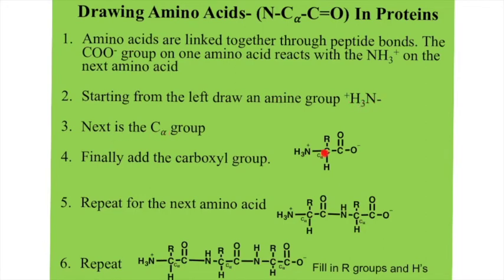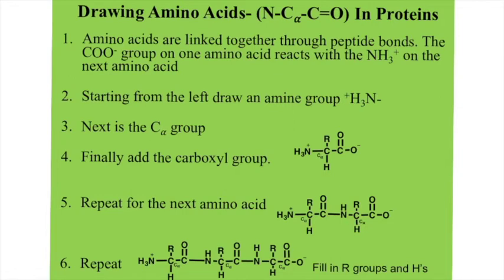Then you draw your C alpha group. And then finally you add your carbonyl group from the carboxylate end of the amino acid. And then you're just going to attach in an amide bond. So the H2 from the nitrogen joins with the oxygen here. You get rid of it with water, and then you form this amide bond in between amino acid 1 and amino acid 2.